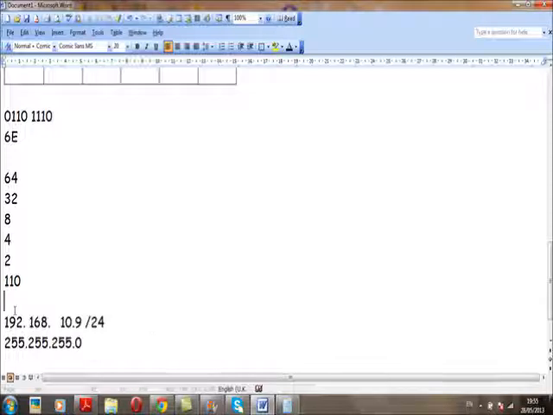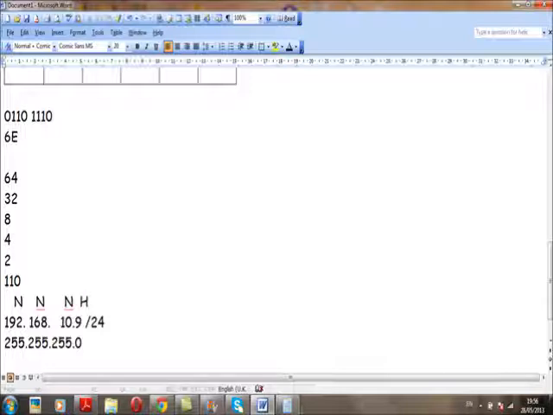If I were to identify this as network and host, I'm going to put network over this octet, network over that one, network over that one, and then host over this one. Are you still okay with the network and host? What is the important thing about the host portion? What's rule number 1 with the host portion?